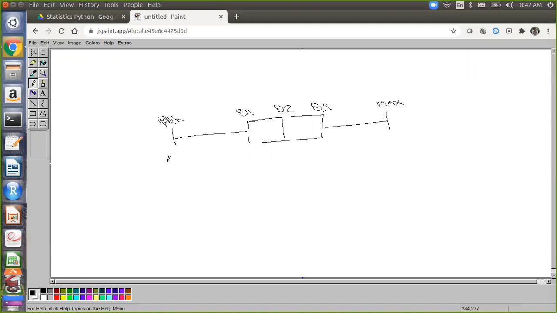Now first of all, can anybody tell me why we are calculating the median here? Why not the mean? Does anybody know this?